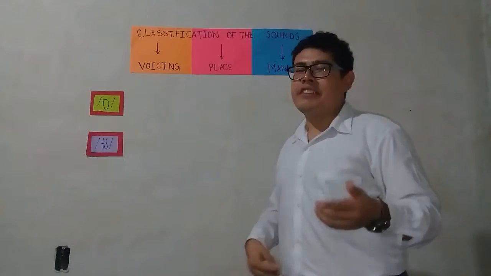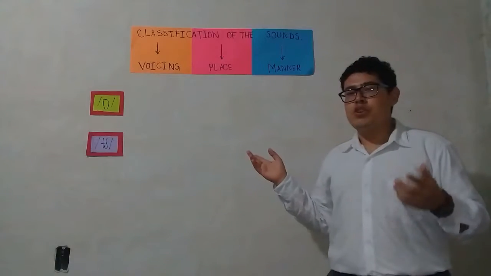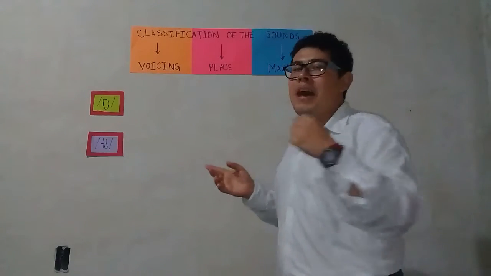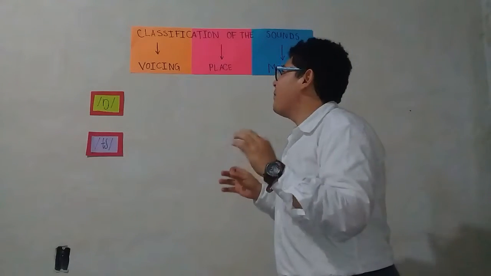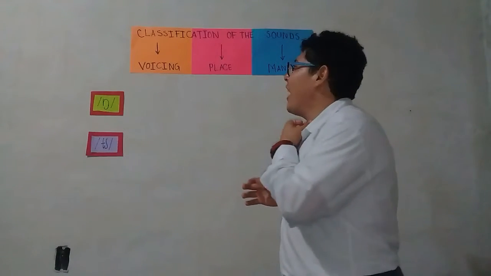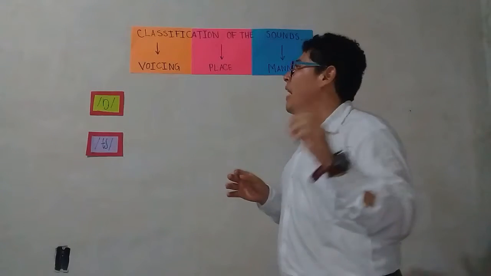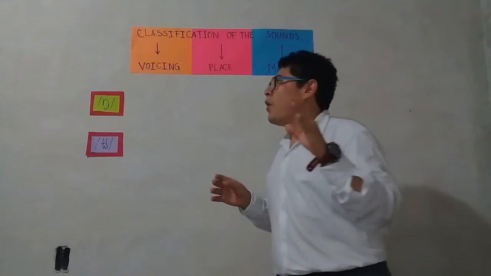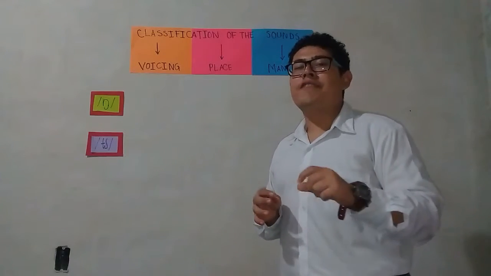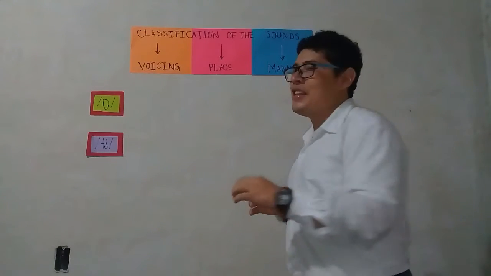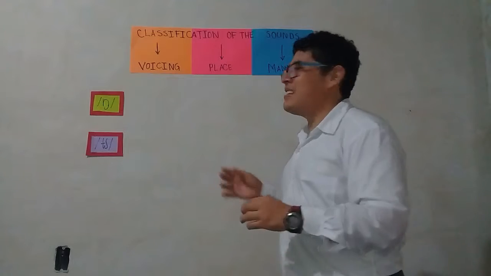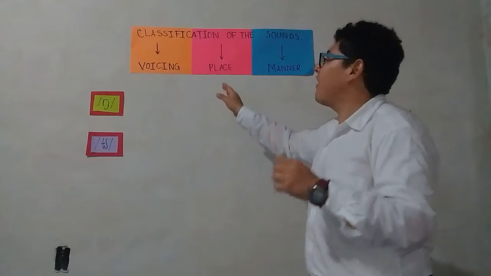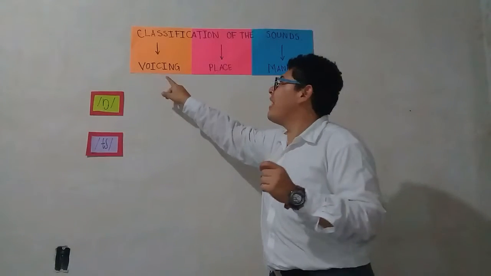Voicing is a characteristic that is produced in the articulatory apparatus, specifically in the vocal cords. If the vocal cords vibrate, they can emit a voiced sound. If the vocal cords don't vibrate, the sound is a voiceless sound. And that is a characteristic for the sounds, the voicing.